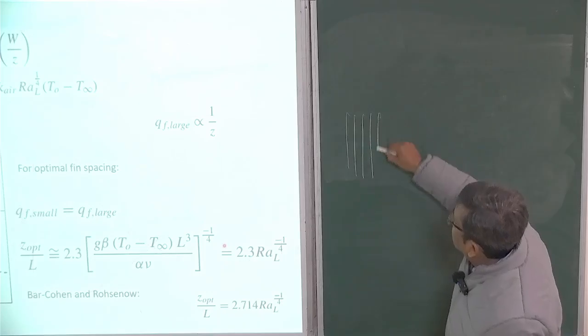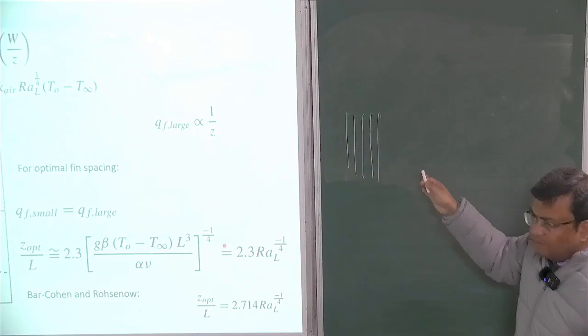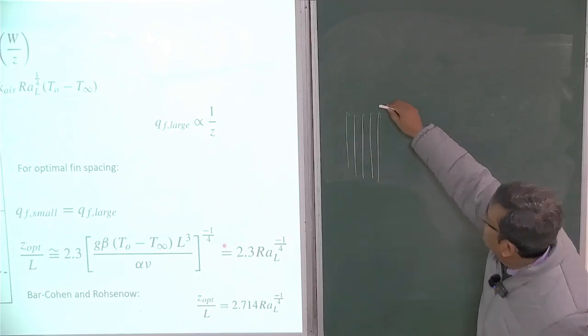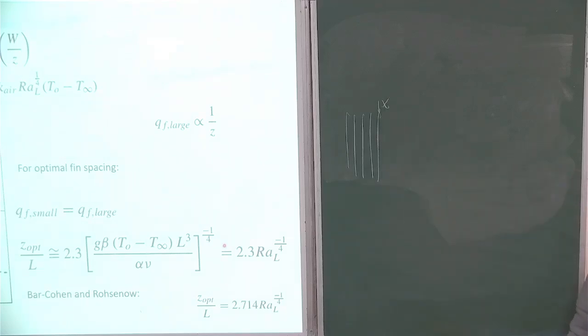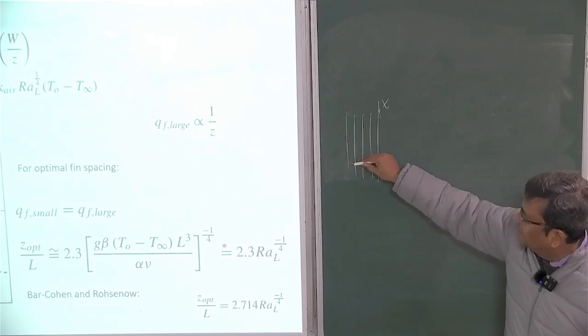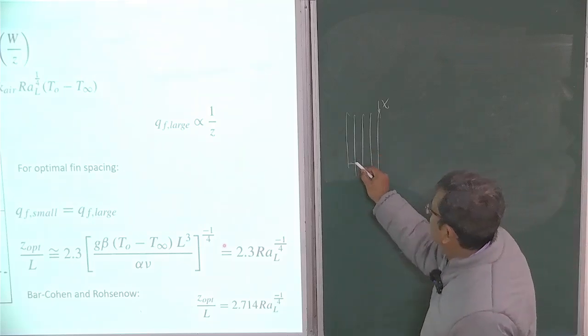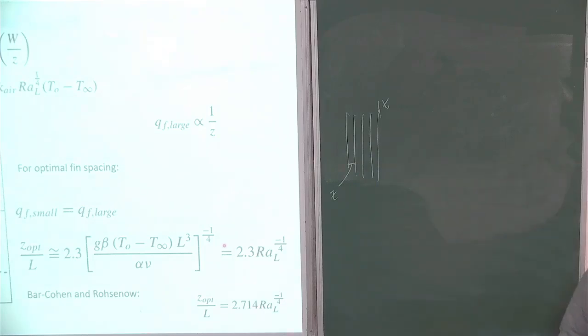If you take a front view of that fin array, then you will see multiple fins. Each fin thickness is that small t, and we are assuming that the thickness is small. Just intuitively, this spacing is z. If I make this z very small, is it a good thing or a bad thing?